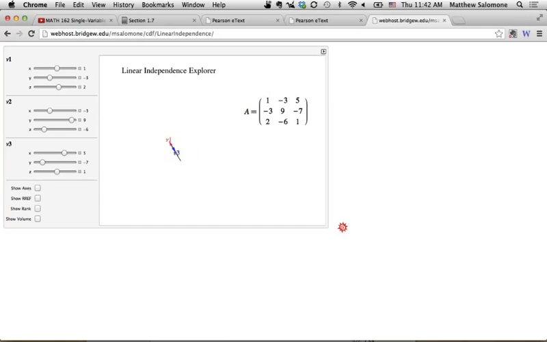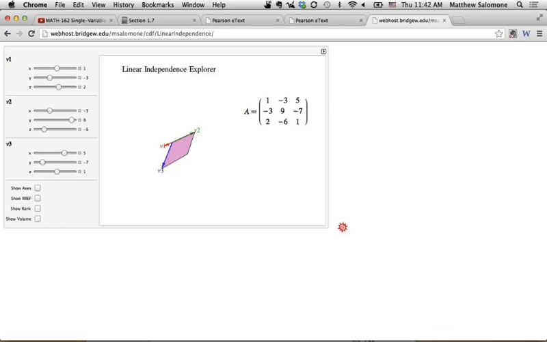So if I try to look at the span of v1, v2, and v3, the best I'm going to do is get something that looks 2-dimensional like this does, right? This parallelogram sitting in 3 dimensions. Because v1 and v2 are parallel to one another, that means that linear combinations of v1 and v2 can only give me what?